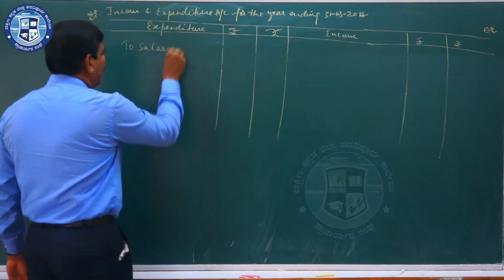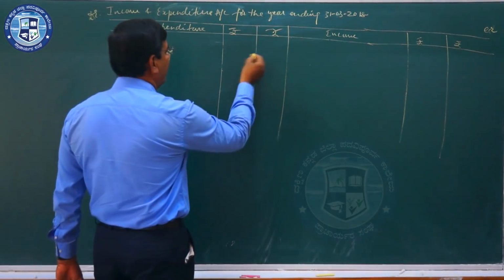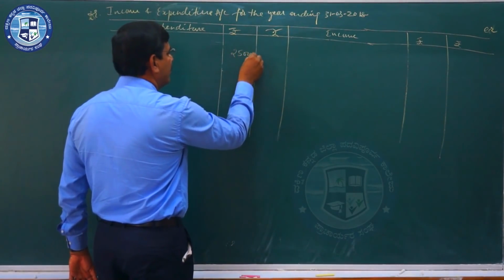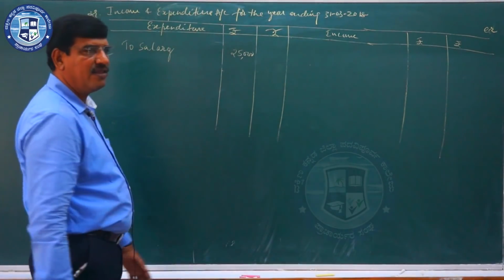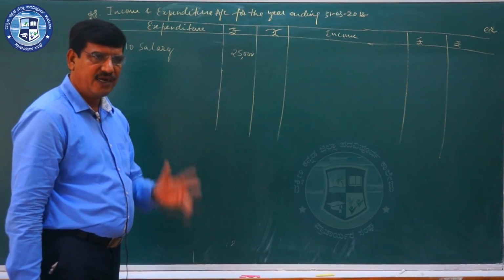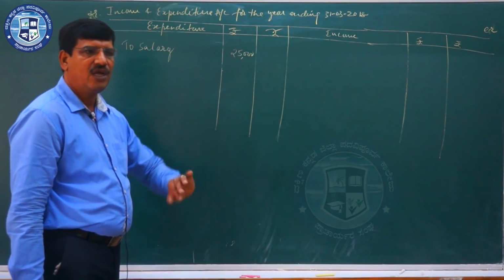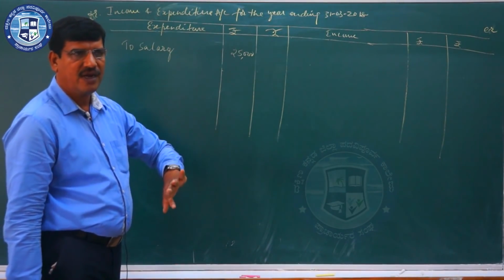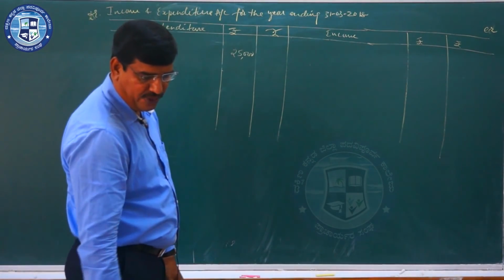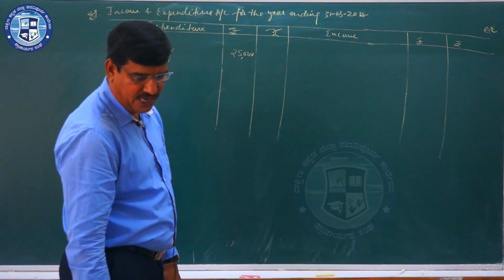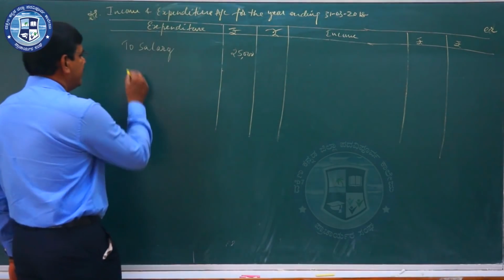To salary, 25,000 is given in the problem. Salary paid 25,000. Now you have to see whether there are outstandings of current year or of previous year, advances of current year, advances of previous year. In the opening balance sheet, it's given outstanding salary 7,000 rupees.